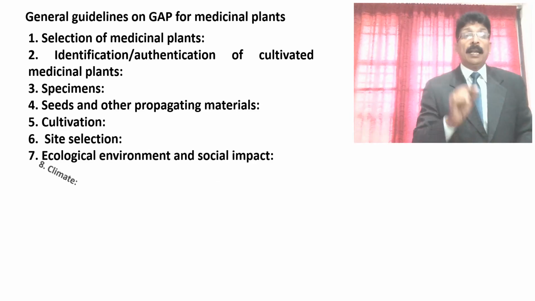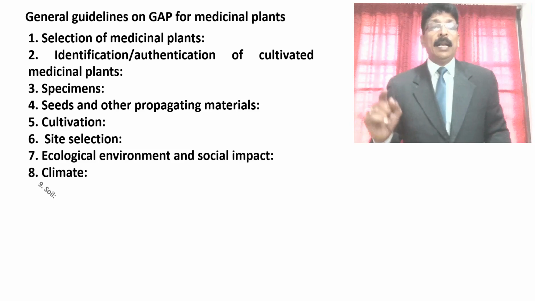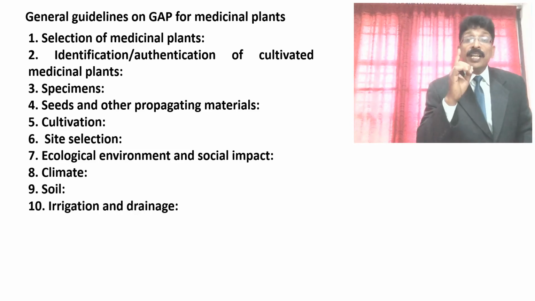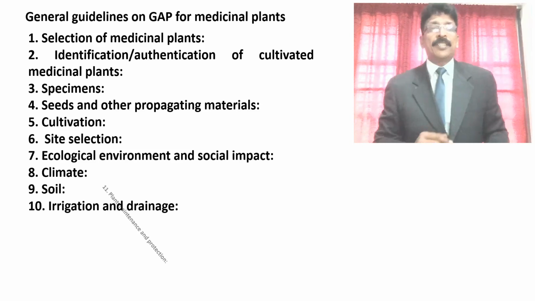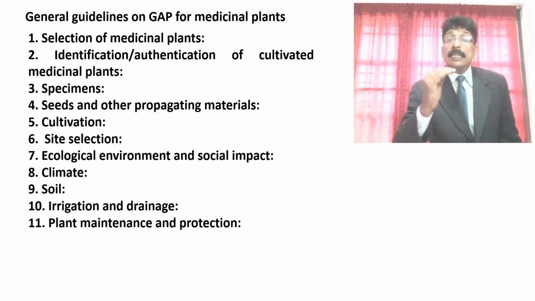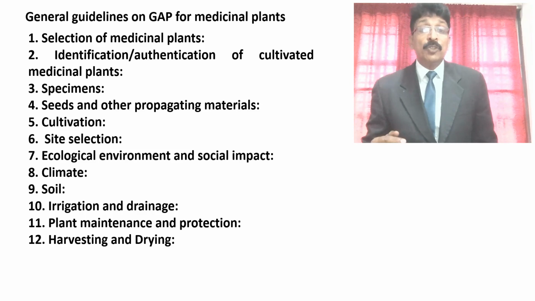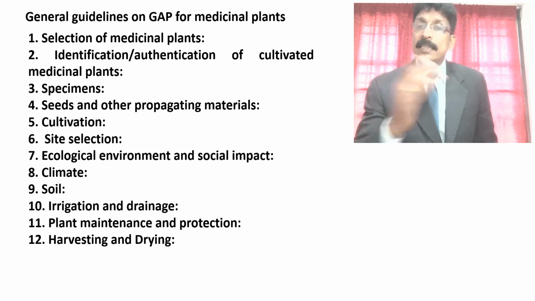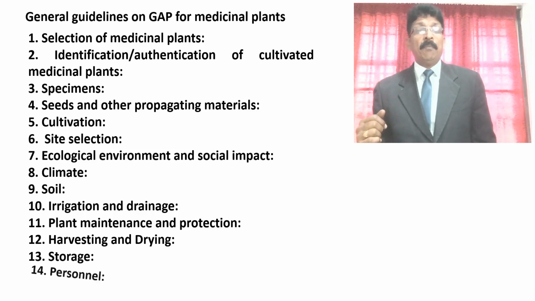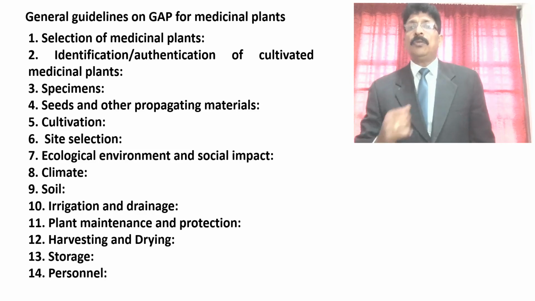Number 8, climate. Number 9, soil. Number 10, irrigation and drainage. Number 11, plant maintenance and protection. Number 12, harvesting and drying. Number 13, storage. And number 14, personnel who are working there.